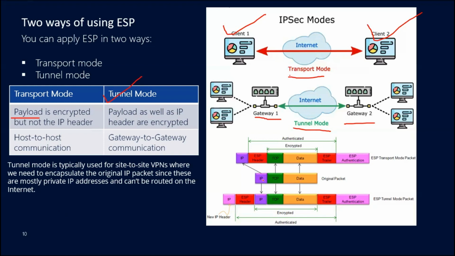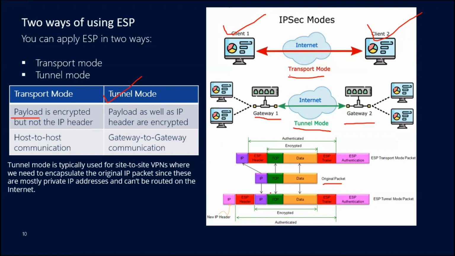This is important. Transport mode requires less processing overhead than tunnel mode, but it does not provide as much security, because in tunnel mode both your payload as well as your IP header are encrypted.